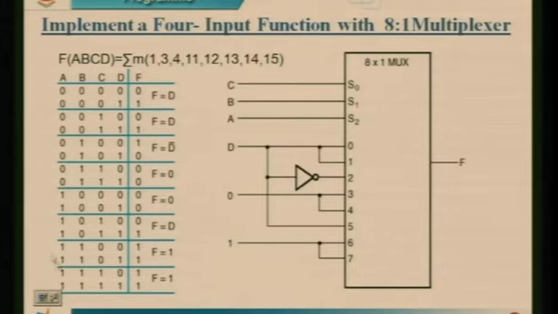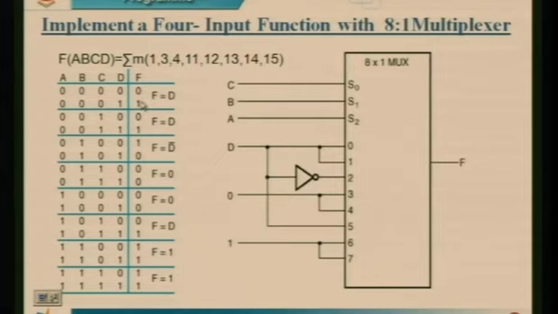So how to write the truth table for this? Since we have 4 inputs, we will write 16 combinations, that is 0 to 15. So we write all these combinations. At the output side, we are going to write these terms, which are called min terms. Wherever these terms are there, I am going to put a 1 at the output side.